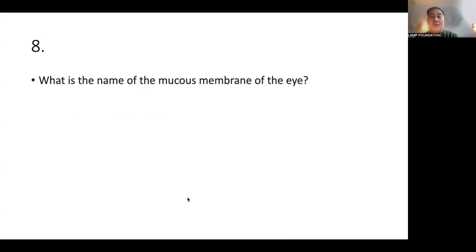What is the name of the mucous membrane of the eye? Conjunctiva. It covers the white of the eye and contains vessels that make your eye bloodshot. What are the components of the lacrimal apparatus?